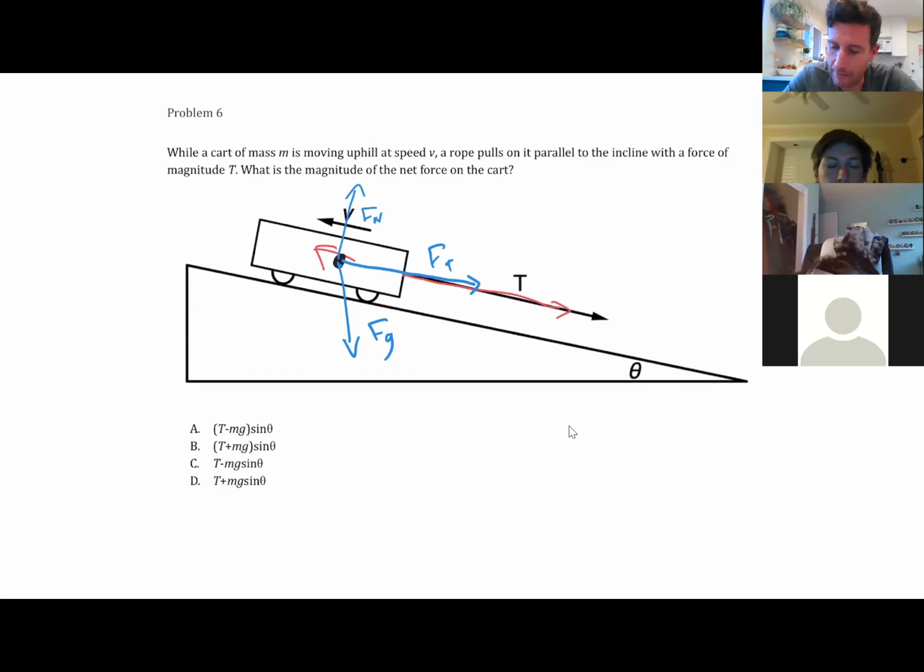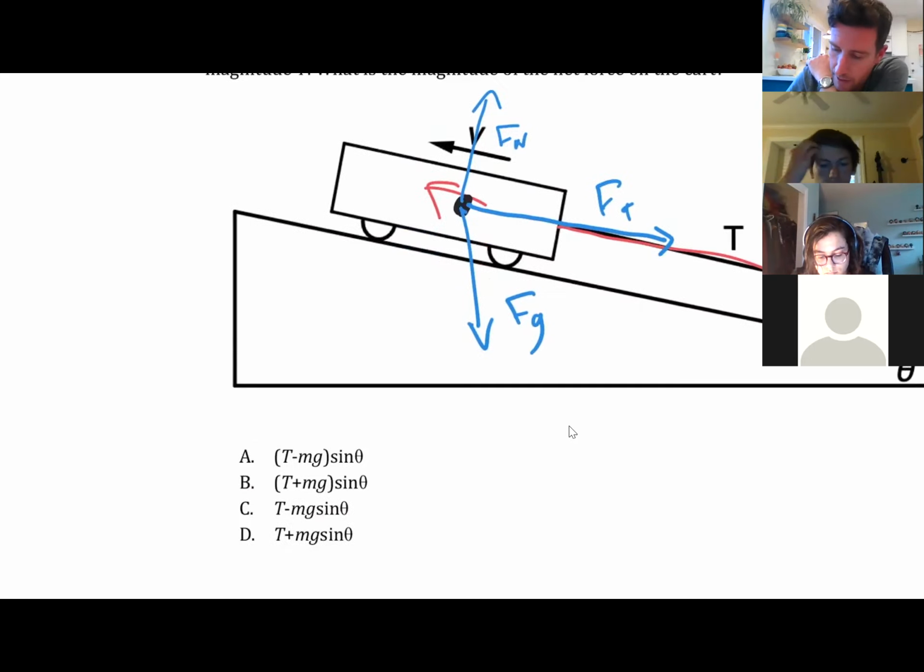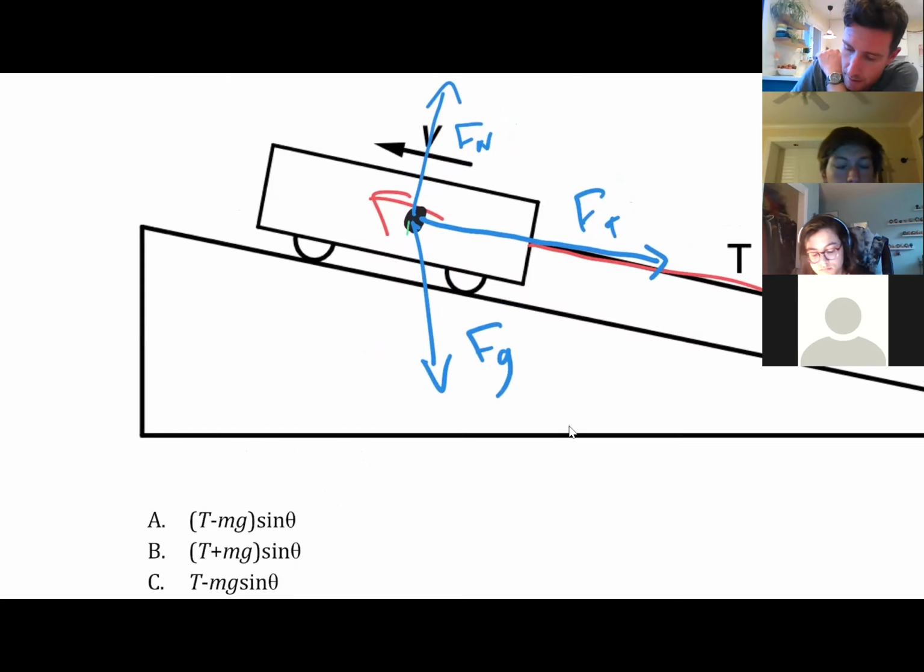But gravity and normal are going to kind of cancel parts of each other out. So what I'm going to be left with is the tension and then just the downhill component of gravity. I'm not worried about the into or out of the ramp because the out of the ramp part is going to get canceled out. So if I zoom in on this, part of gravity is going to get canceled out by the normal force, right?